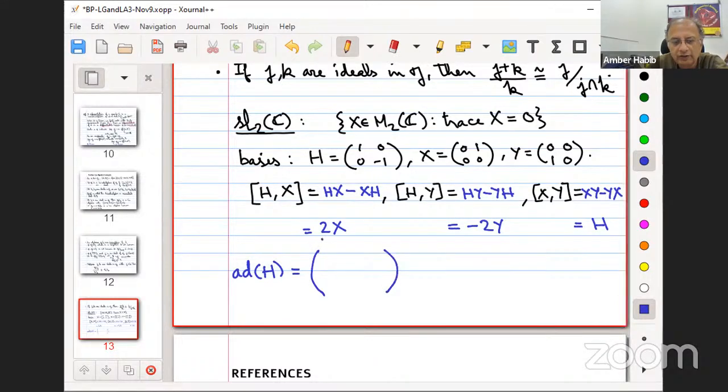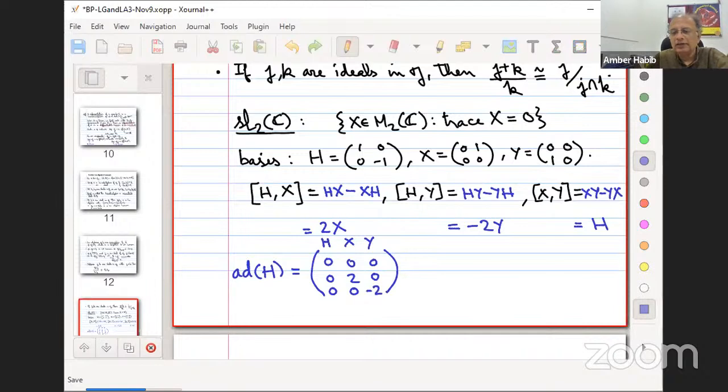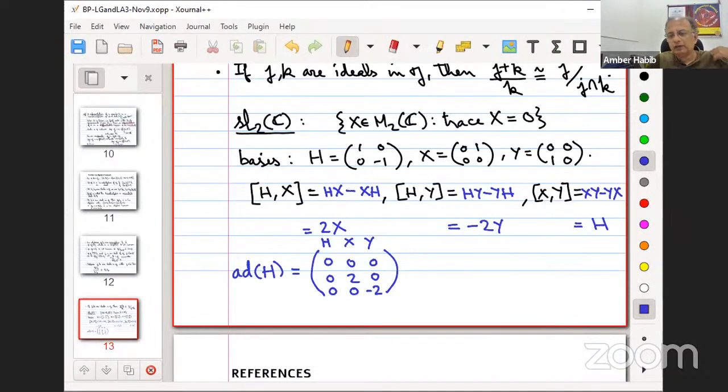Suppose I use the basis in the order H, X, Y. Then what does ad H look like? Well, H goes to 0, so that gives me a first column that is 0. X goes to 2X, so that gives me 0, 2, 0. And Y goes to minus 2Y, so that gives me 0, 0, and minus 2. So interestingly, ad H has turned out to be diagonal.